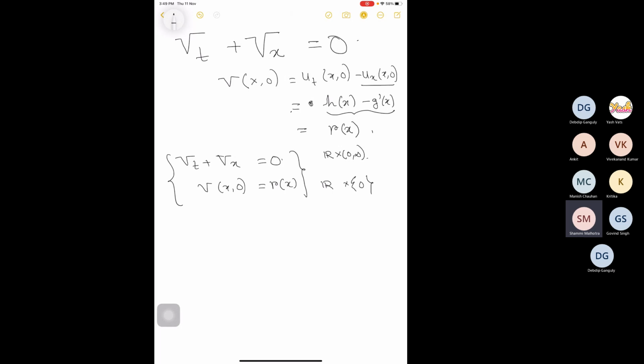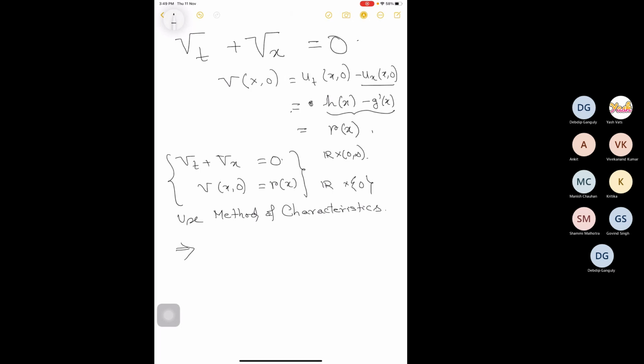We use the method of characteristics, as we did for the first order equation.